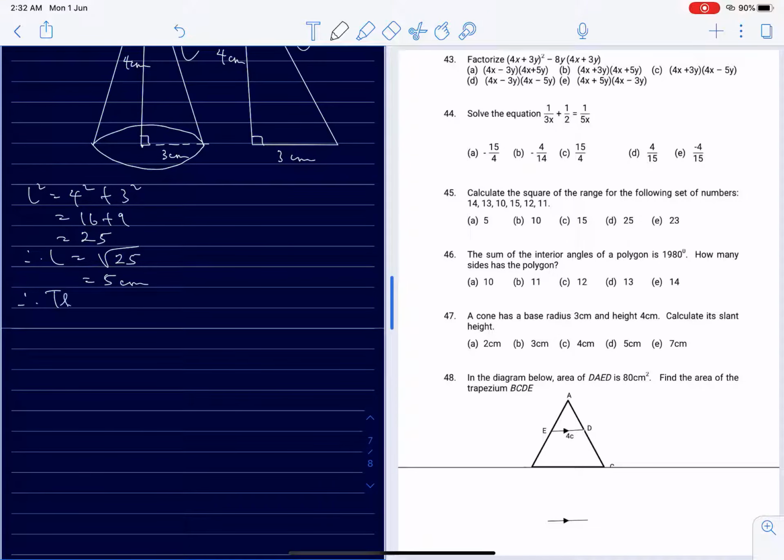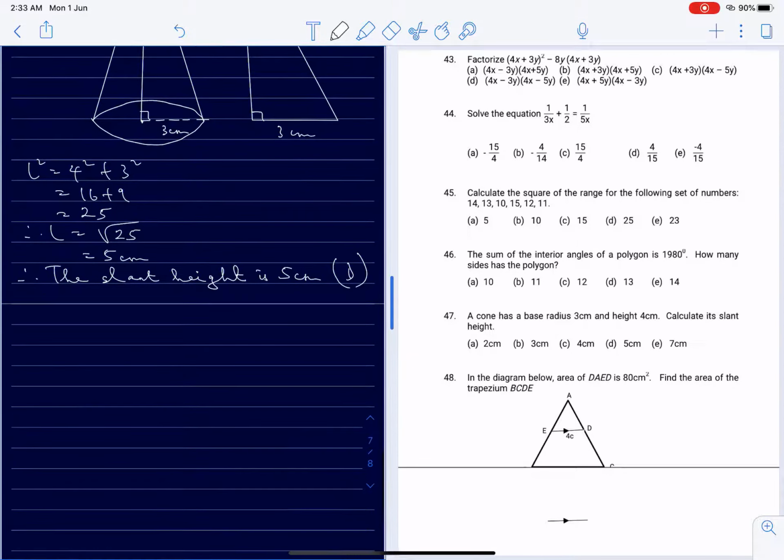Therefore, the slant height is 5 centimeters, and the correct option is D.